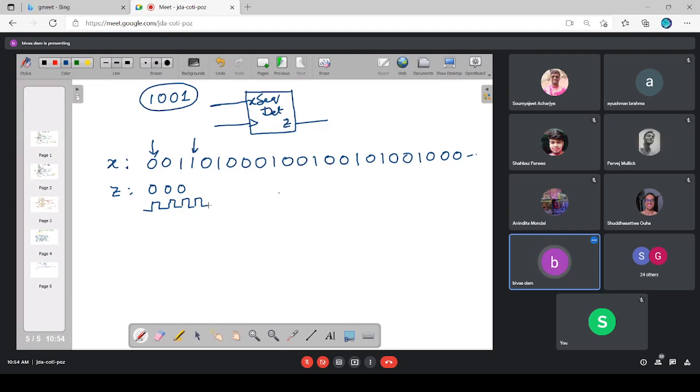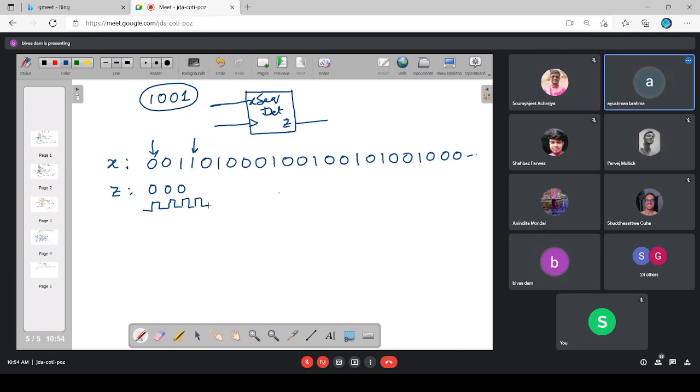Anindita, what did I say? Sir, at every rising edge, one bit is being detected. After saying that, you have to assume that you are working in place of the sequence detector.